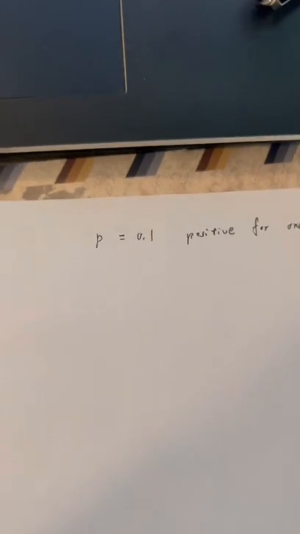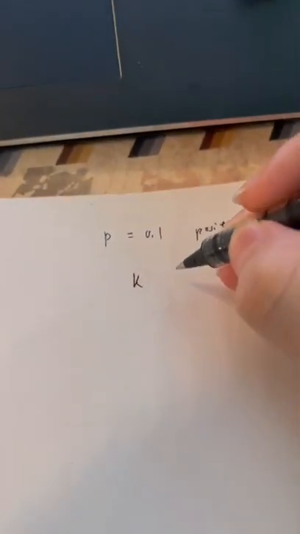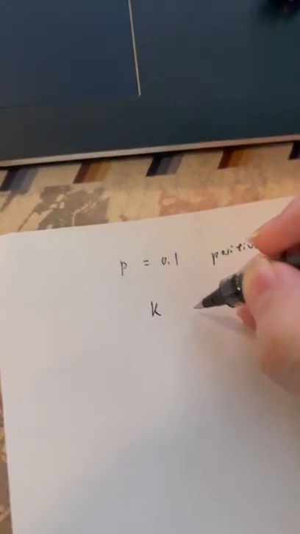It says it divides 100 people into 10 groups with 10 people in each group. So it mixes the 10 people's blood and tests that mixture. So the question is, what is the number of tests we need to do? Let's set a capital K. It refers to the number of tests.